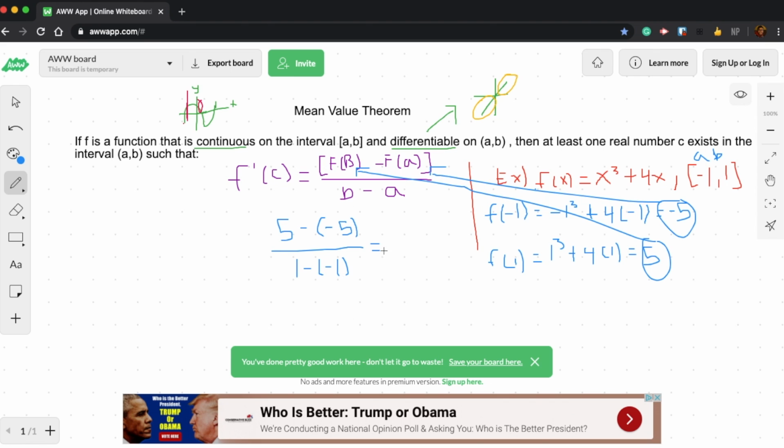When you put this in your calculator or solve it mentally, that will get you 10 over 2, which is equal to 5. So that is our solution to this problem. All right, so essentially, plug these values into this equation, and that is basically how you use the mean value theorem.